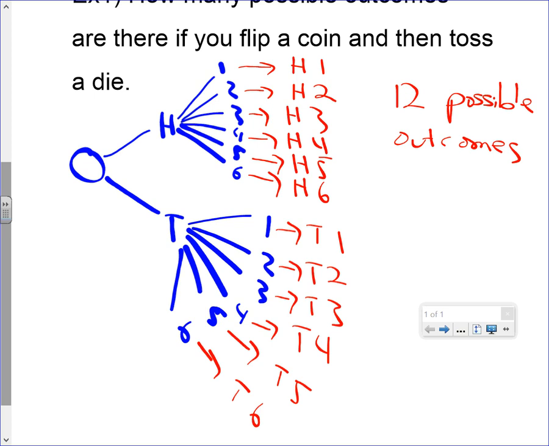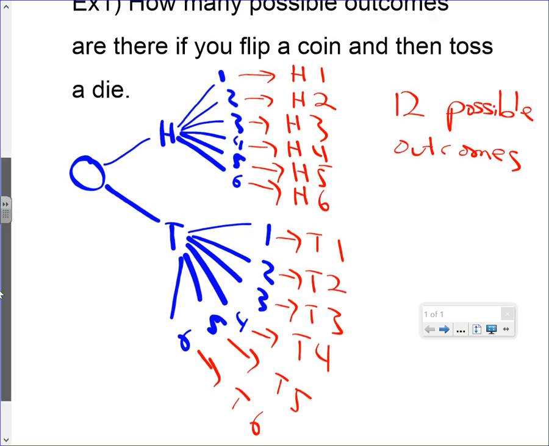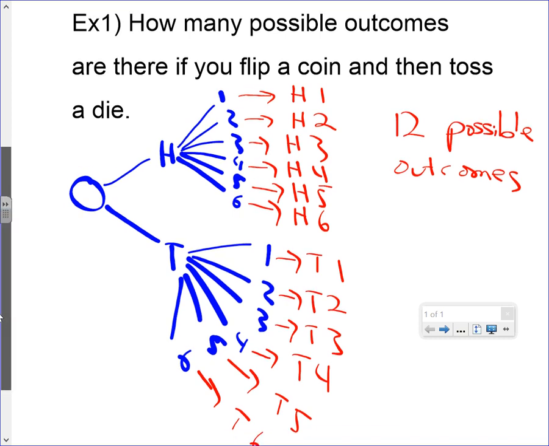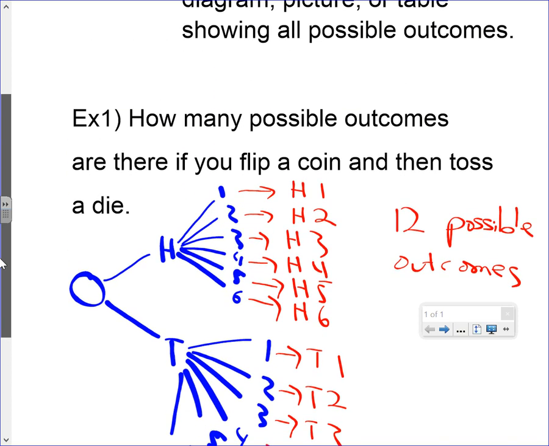I was able to get 12 possible outcomes because I drew the sample space. I drew it out. Here's flipping a heads or tails, that's the coin. And then the second stage is rolling the die. Flipping the coin, then rolling the die. Okay.